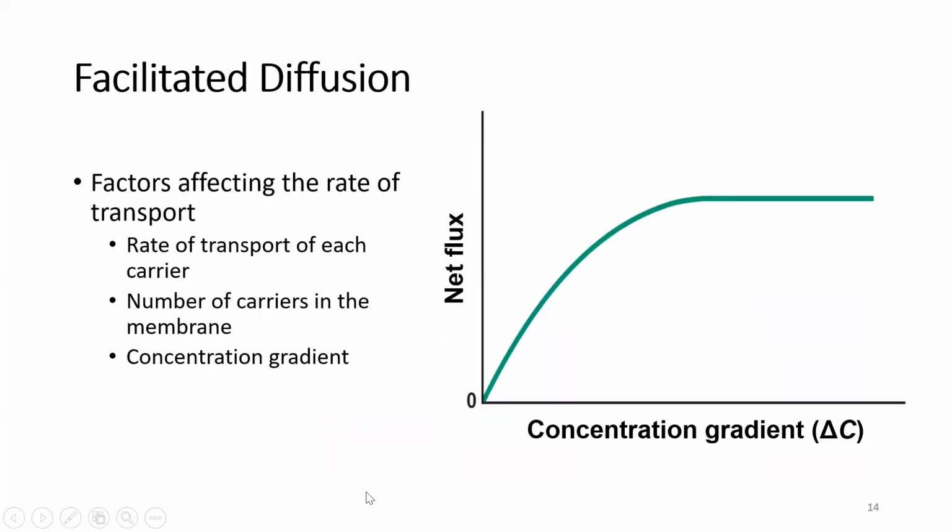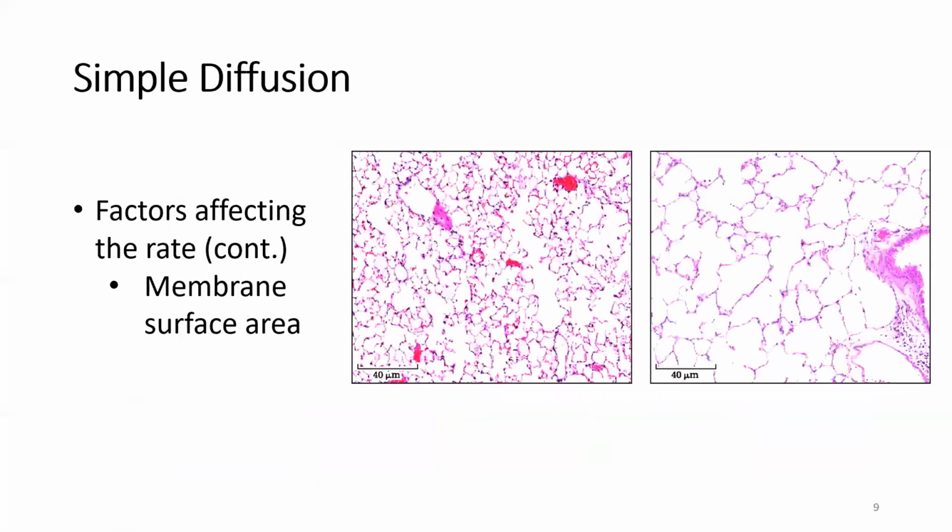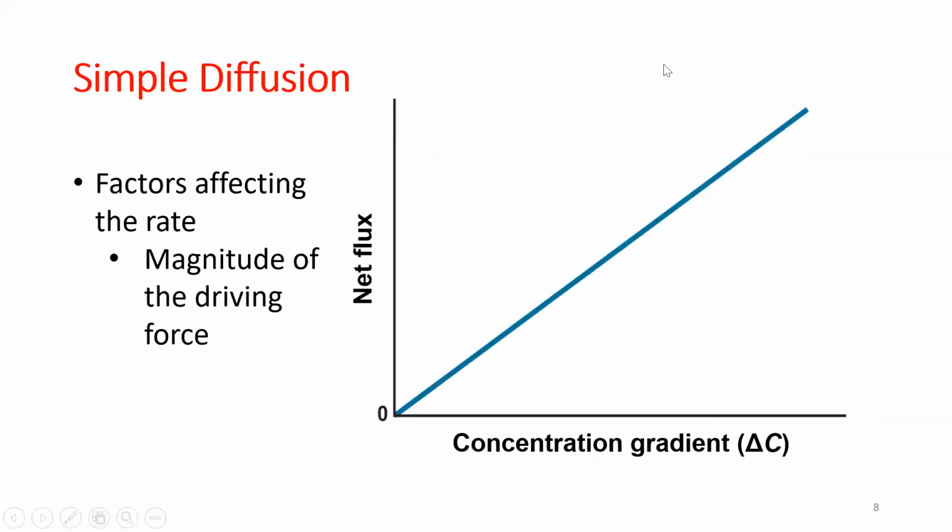And so what we'll see here is that the rate of transport in facilitated diffusion is limited. Because we have a fixed number of carriers in the membrane, we don't see that indefinite, linear, directly proportional relationship the way that we saw for simple diffusion. So if I backtrack here a couple of slides back, we talked about this completely linear relationship, directly proportional, which was indefinite.